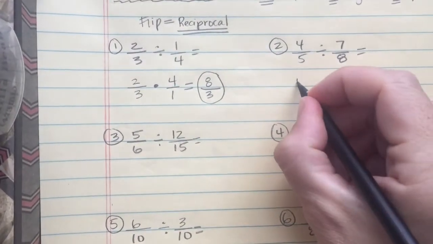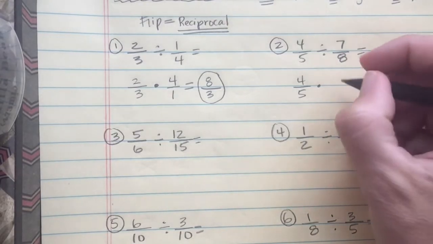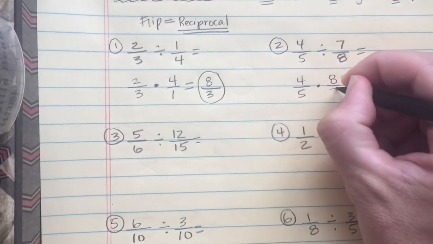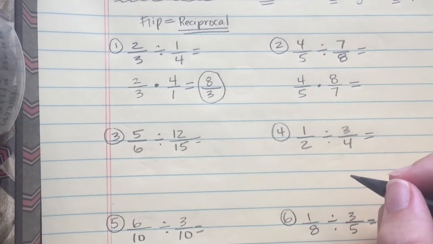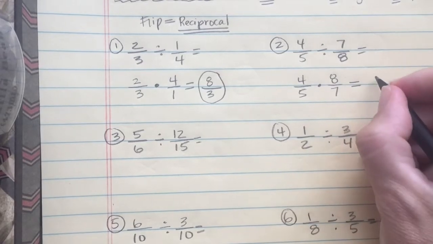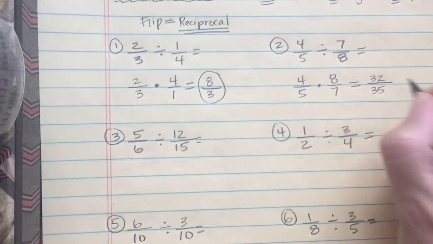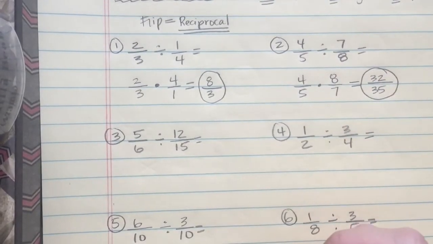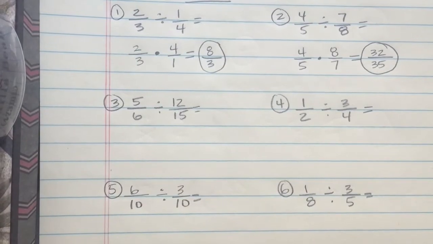We are going to keep, change, and flip. Can I do any cross canceling? Sure doesn't look like it. So top times top and bottom times bottom. Done. All right, I think you've got the knack.